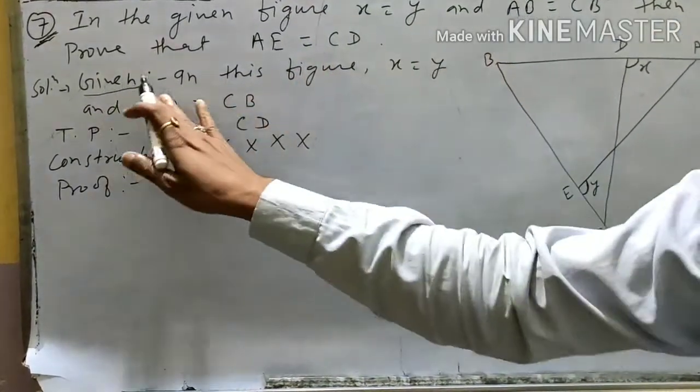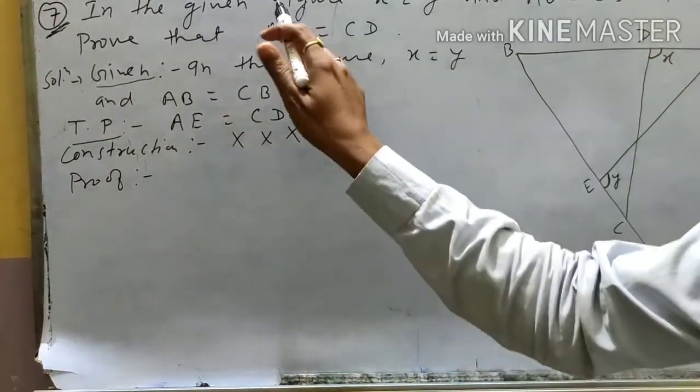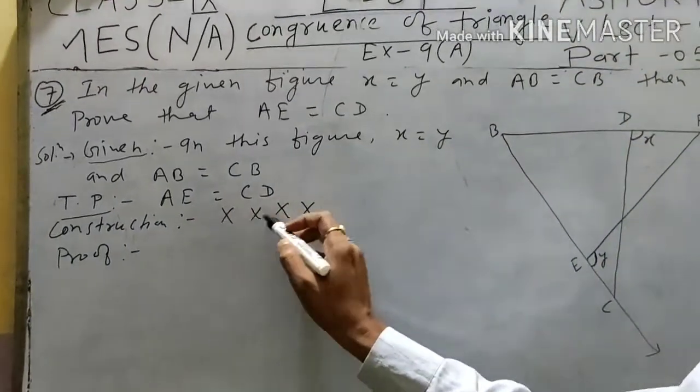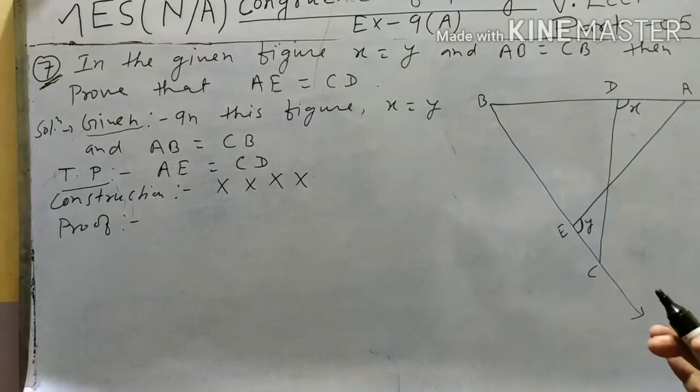X is equal to Y and AB is equal to CD. To prove: AE is equal to CD. There is no need to construct here, so cross it and prove. Okay, take two triangles here, student.